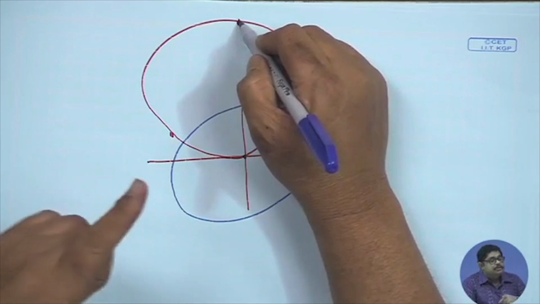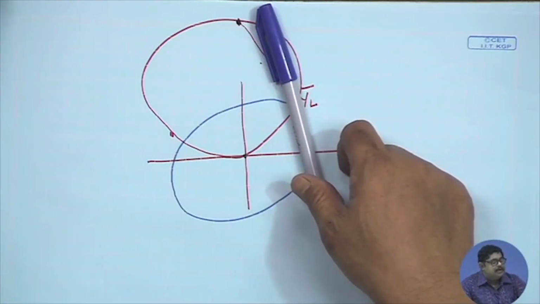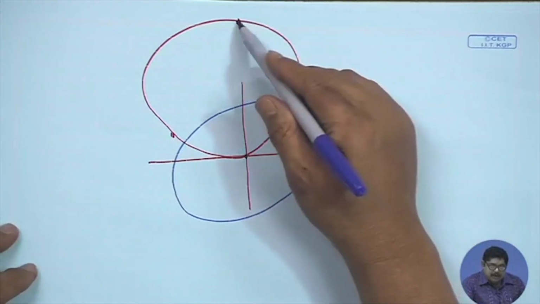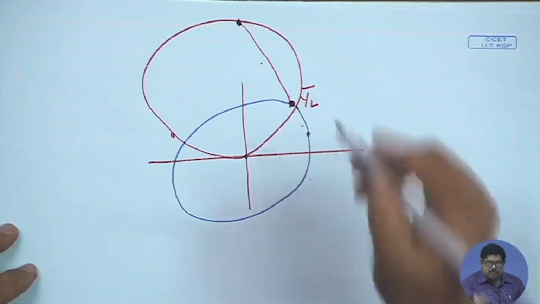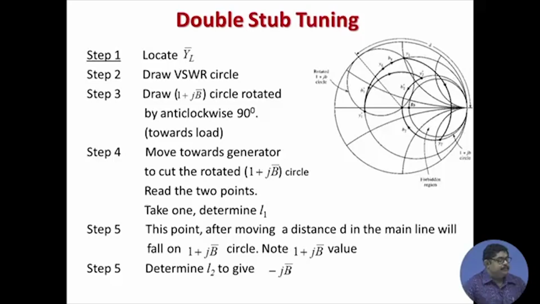Now, the beauty is when you are transported by a distance d towards generator, you will come to this 1 plus jB point. So, what we have done, read the 2 points, take one, determine L1.